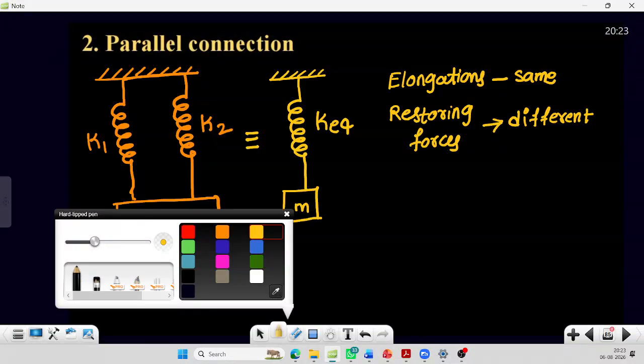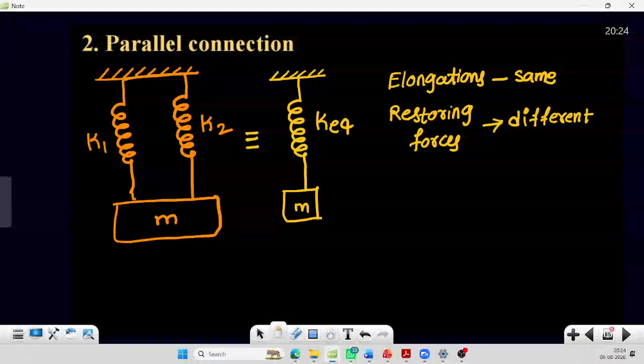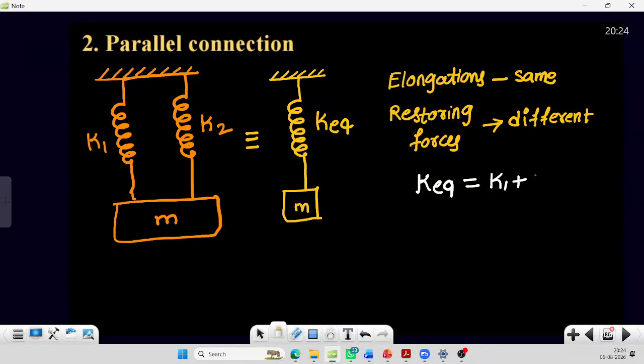So in this case we find the equivalent spring constant, which is given as K1 plus K2. The equivalent spring constant is simply added.